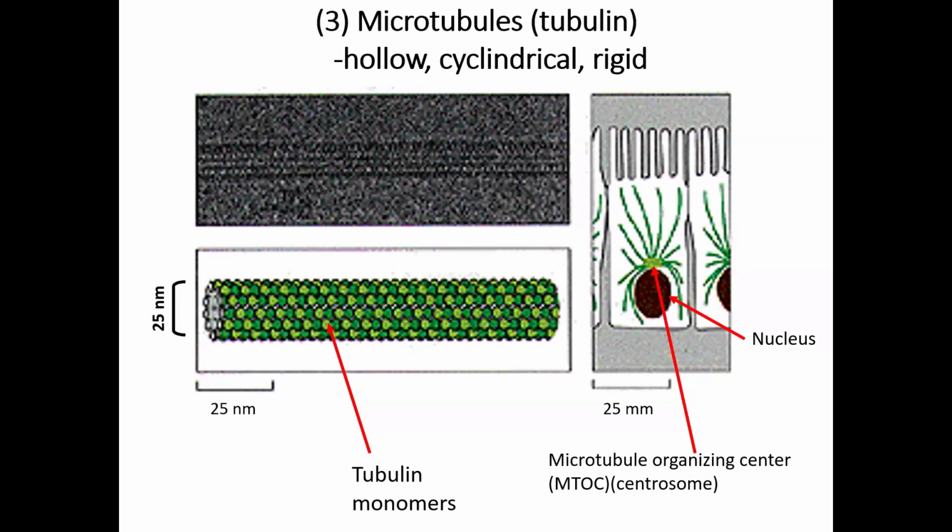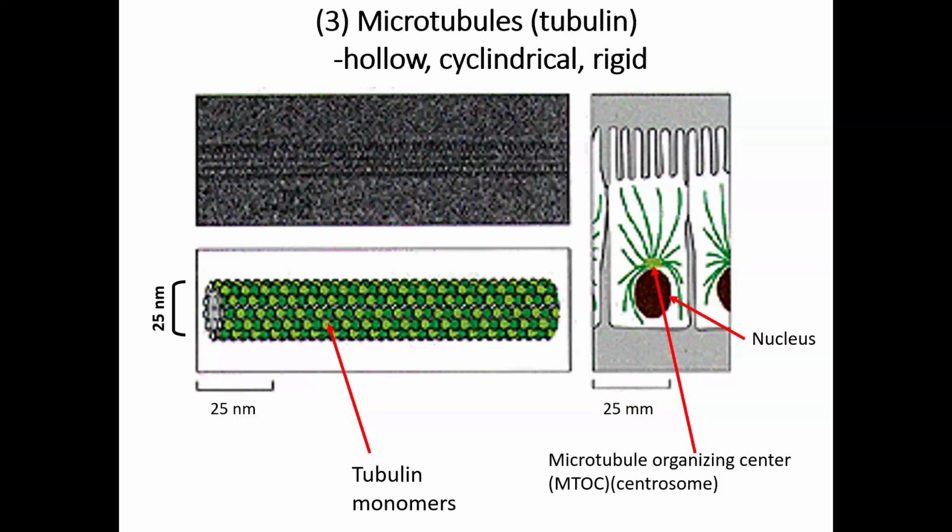And they originate from a specific region in the cell, which we call the microtubule organizing center, or MTOC, commonly known as the centrosome. They radiate from those areas. The microtubule organizing center could also be in different parts of the cell, but they must come from one origin, which we call an MTOC.